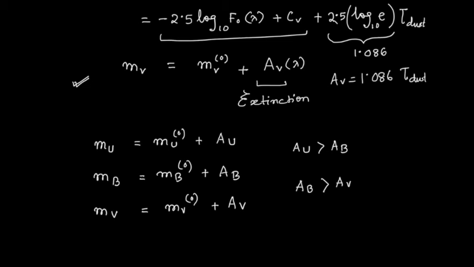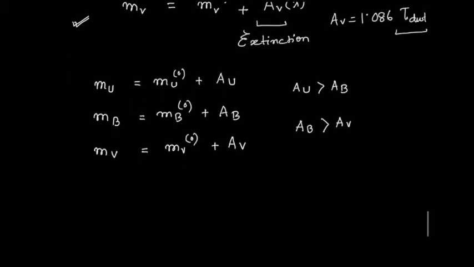Remember that these A's are essentially optical depth times 1.086, which is just a constant number. And the optical depth is that of the dust. So if I know the property of the dust, I have a very good idea about how the optical depth changes as a function of wavelength. And that is what you are putting in here.